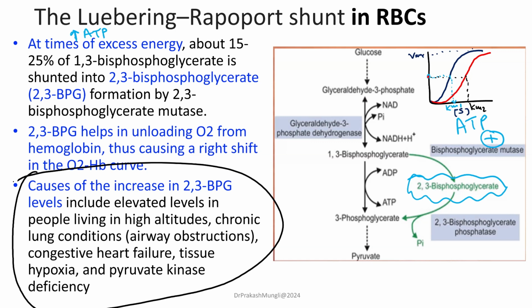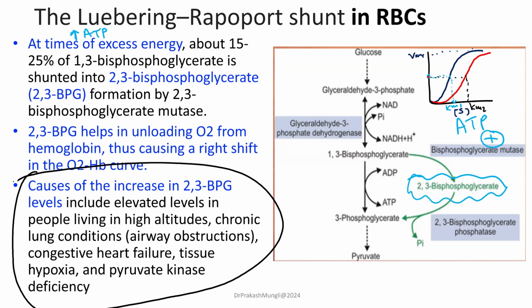Even congestive heart failure patients, because their heart is not pumping properly, eventually it will affect their lungs, and over a period of time, they will have increased 2,3 BPG in the red blood cells. Tissue hypoxia, if it is chronic, there will be more 2,3 BPG. Pyruvate kinase deficiency, especially I have written this. Pyruvate kinase deficiency leads to hemolytic anemia.